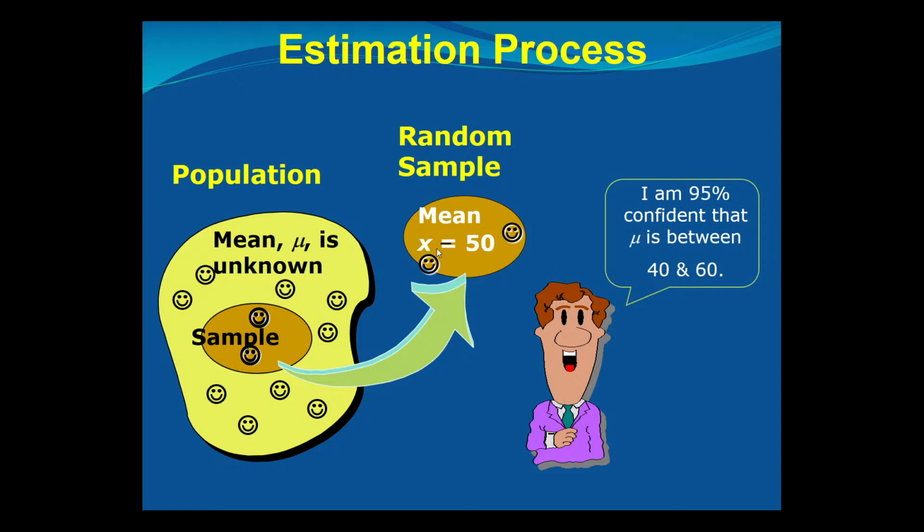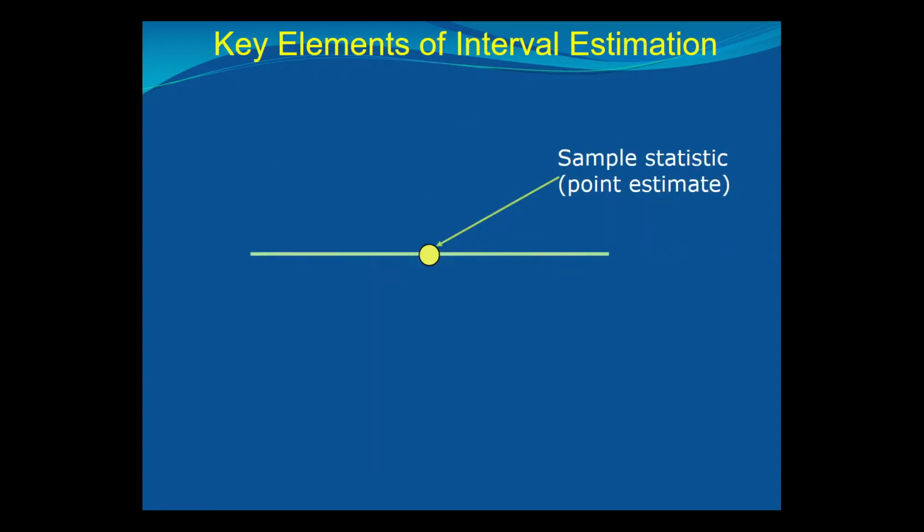For example, in our example, x equals 50. If we use a point estimate, it is one value only, and this value equals 50. This is a point estimate. And if we use an interval estimate, we can make our conclusion: I am 95% confident that mu is between 40 and 60.